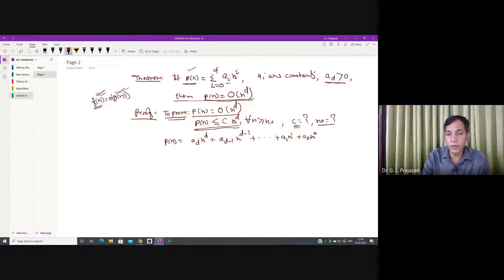So it is the sum over i equal to 0 to d. This is the polynomial we have.